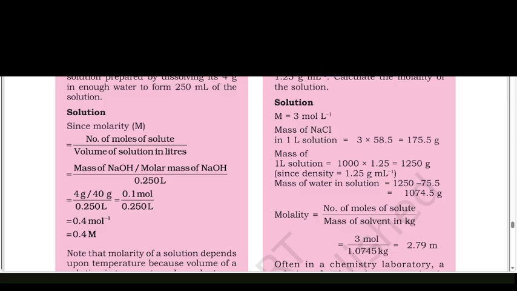Volume in ml is 1000. Then you will find the mass of water and just divide it. So it will be 3 divided by 1.0745. So you will get 2.79 molal.